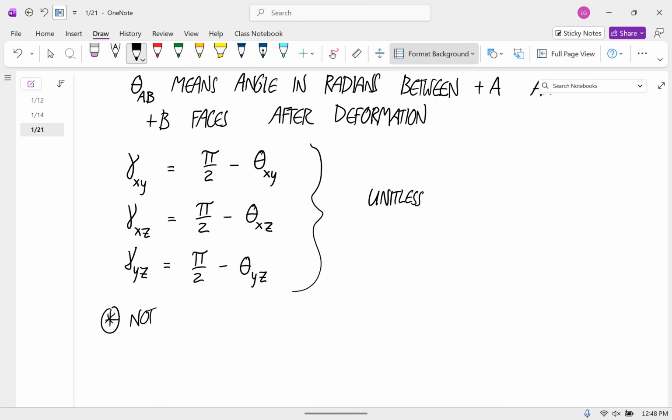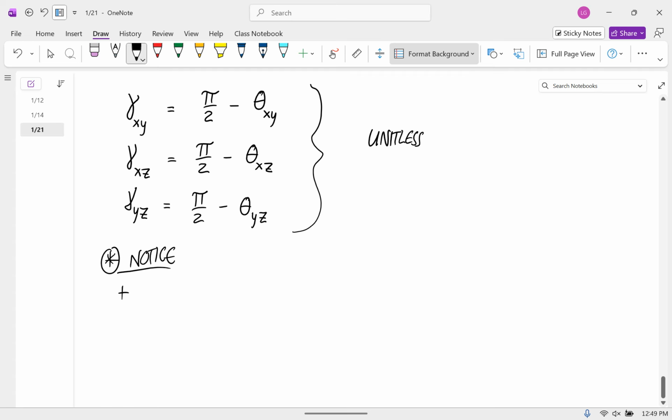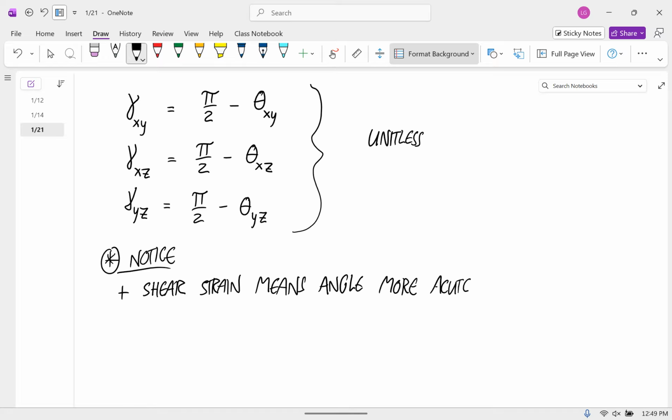So notice a positive shear strain means the angle gets more acute. And a negative shear strain means the angle gets more obtuse through the deformation.